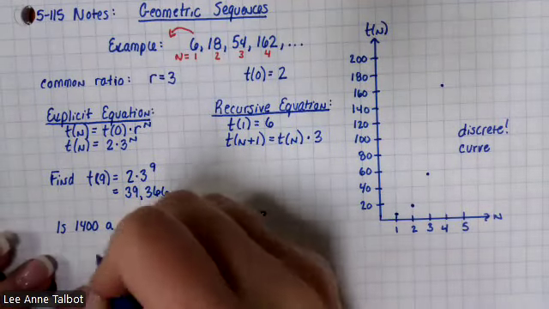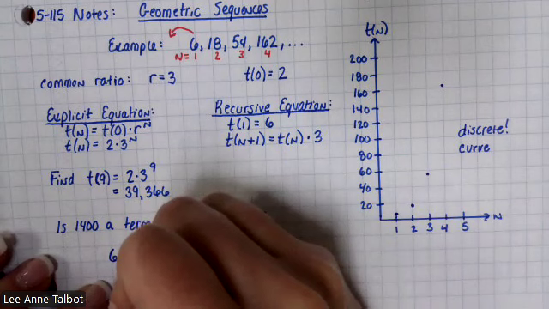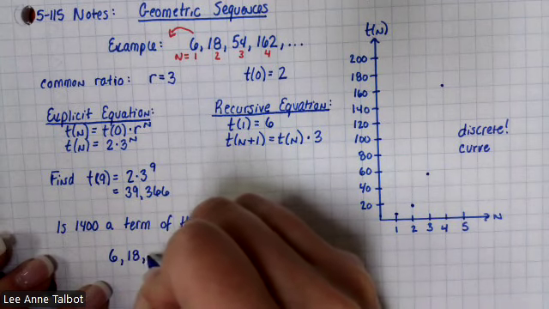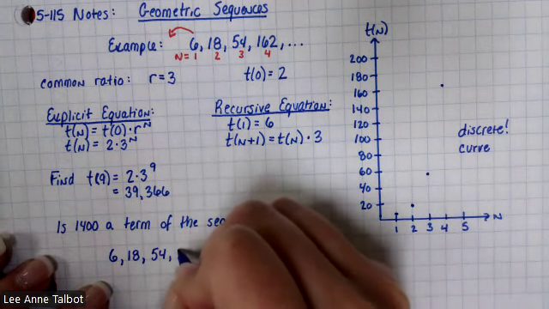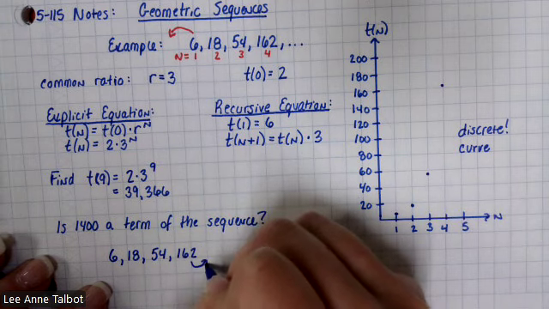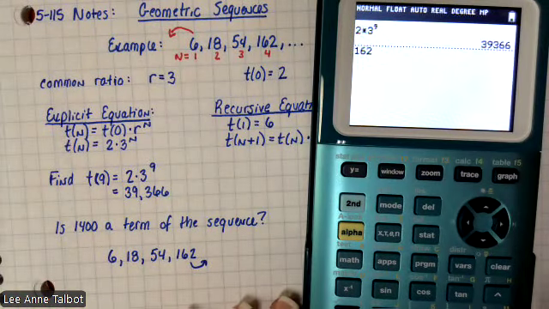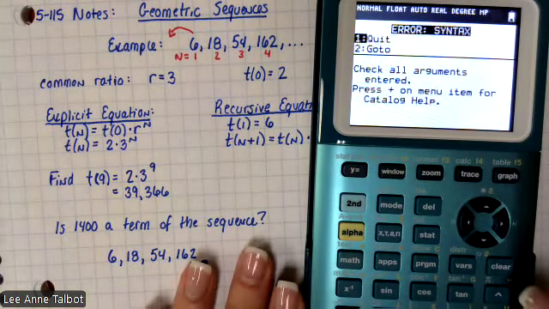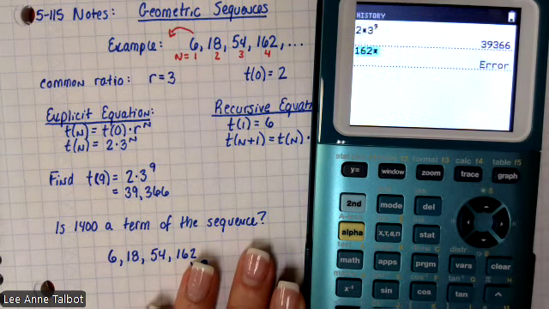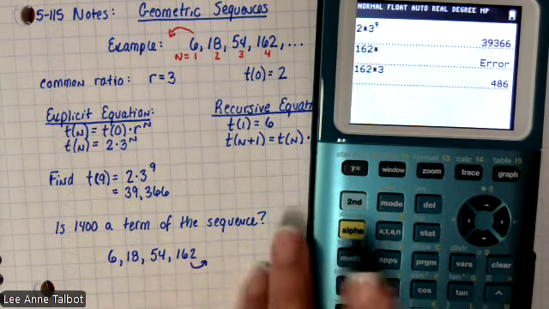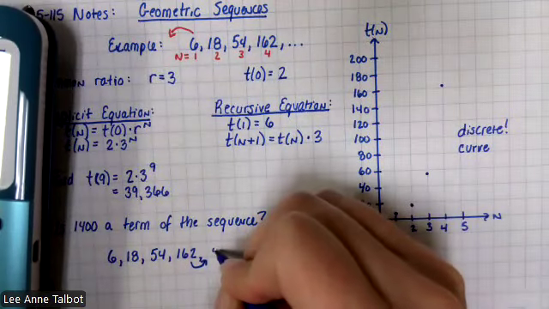So you're going to go, okay, 6, 18, 54, 162, and then on the calculator times 3. What did I do? Times 3 is 486.